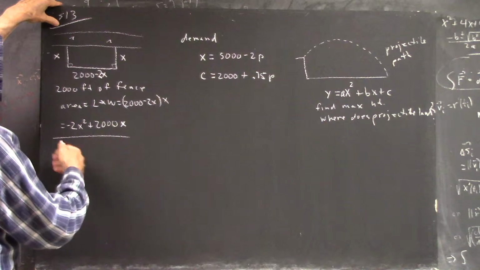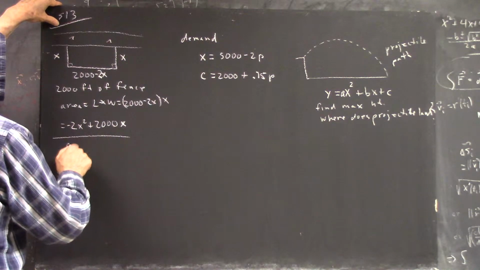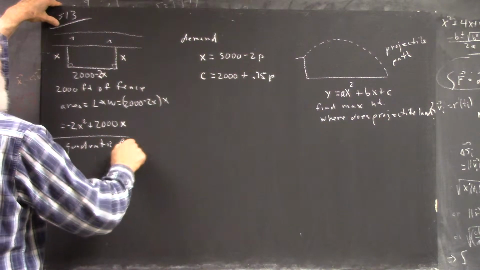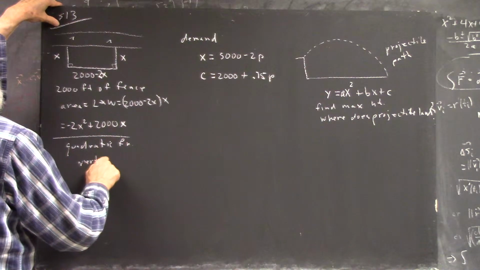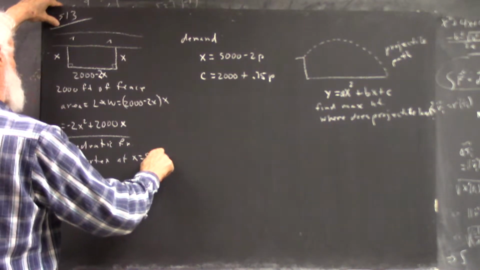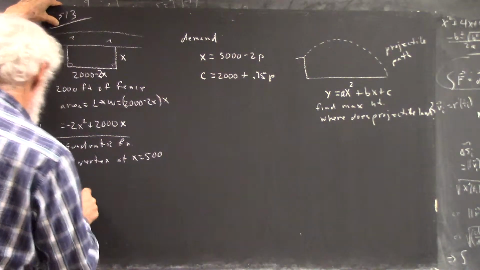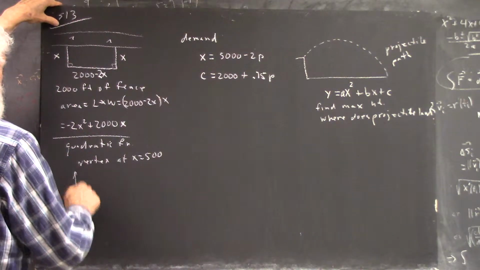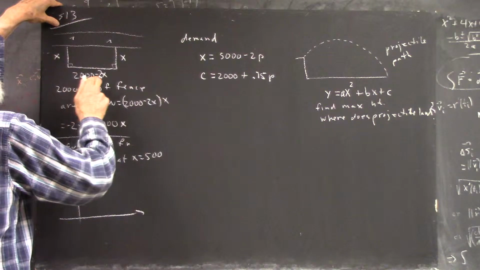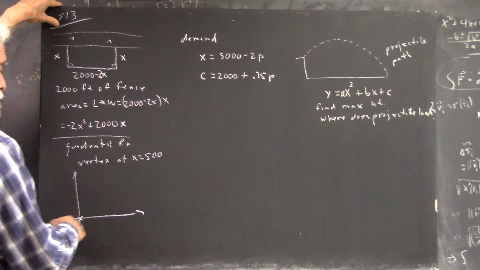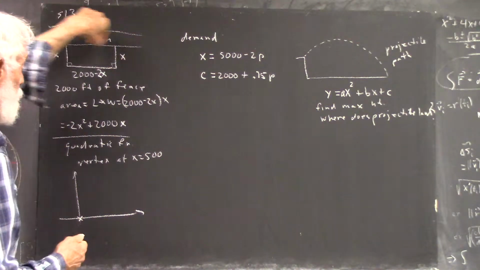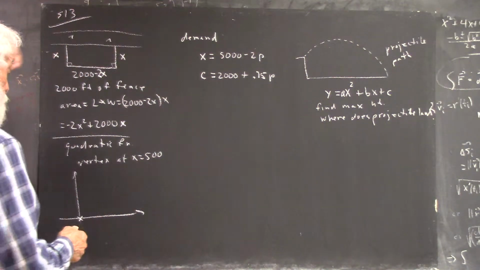Well, where does this maximize? Well, this is a quadratic function. Vertex is at x equals 500. So we can sketch a graph of this thing. Now obviously if x is 0, we've got 0 area, because we're just running the whole fence along the river, we're not closing anything.